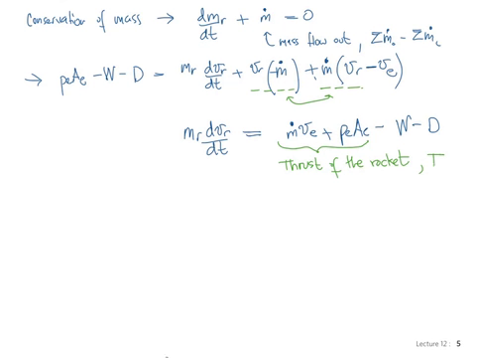We call it T. It's a velocity thrust plus a pressure thrust, possibly, which could be 0 or could not be 0.